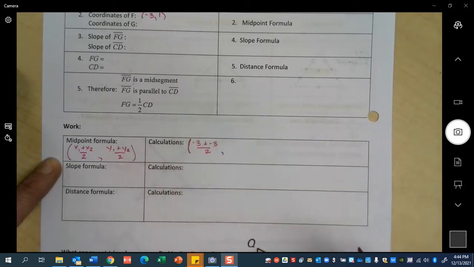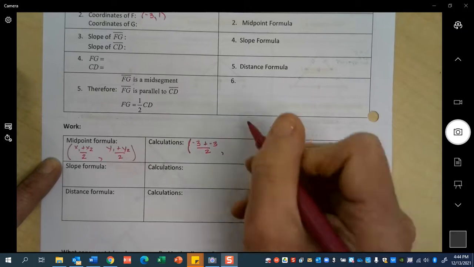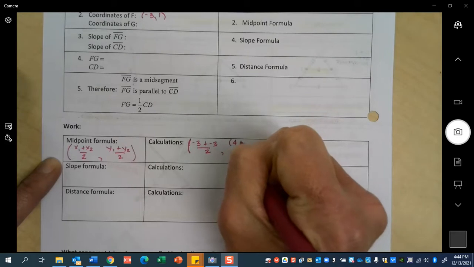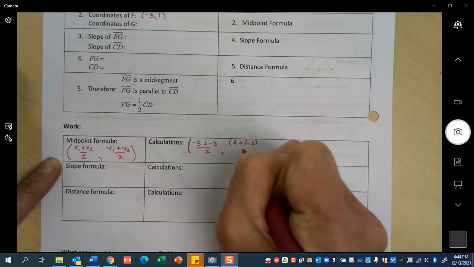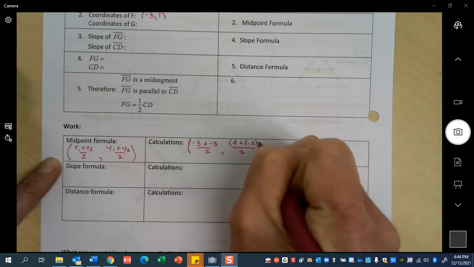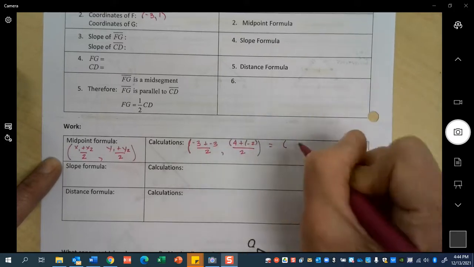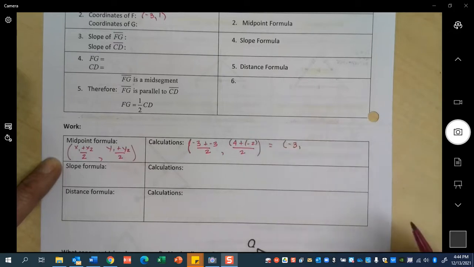That's the average of my x coordinates. The average of my y coordinates are 4 plus negative 2 divided by 2. Therefore, that xy ordered pair is negative 6 divided by 2 is, of course, negative 3.